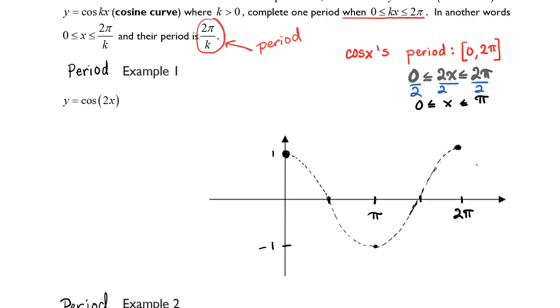But now it's saying that the period only exists from 0 to pi. So that means that my period has been shrunk horizontally. And so now the same shape exists, but on an interval that is half as long horizontally. So the same graph has to fit in half as long a space.